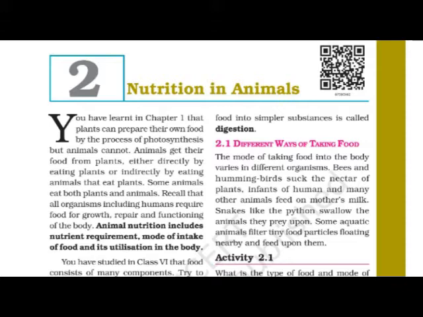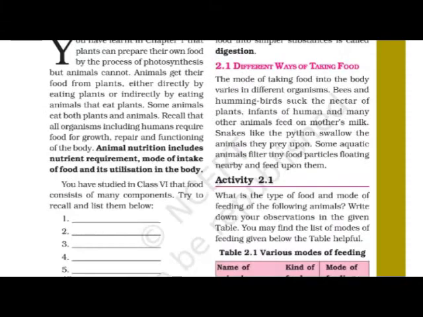Recall that all organisms including humans require food for growth, repair and functioning of the body. Then why is it necessary to eat food? We should recall it. We have learned that while eating food we get energy. From whatever food we eat, our growth increases, and it repairs us if we fall somewhere.